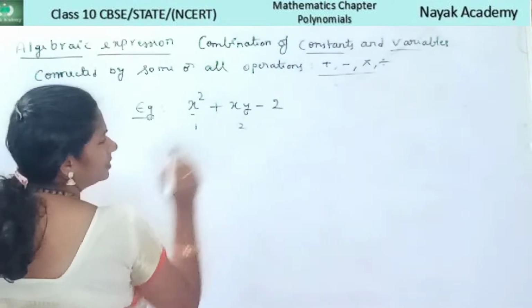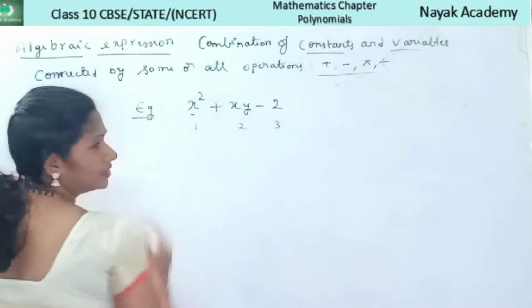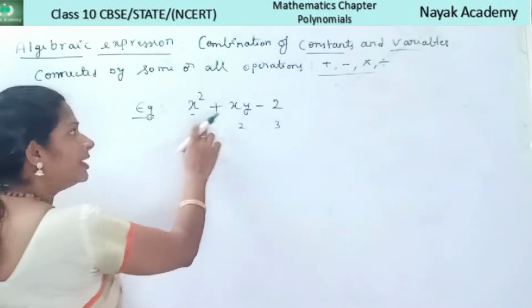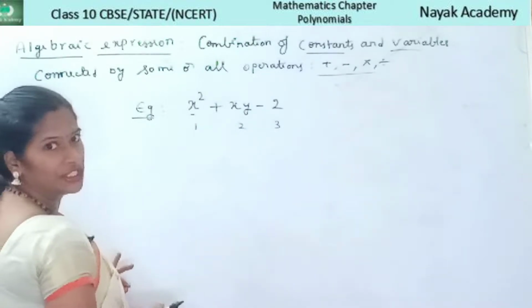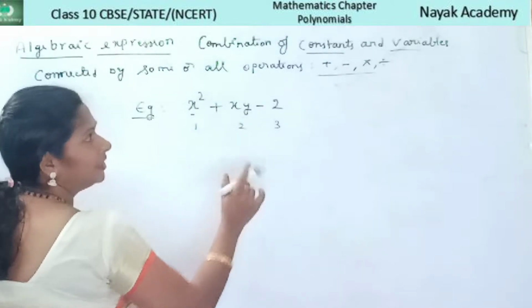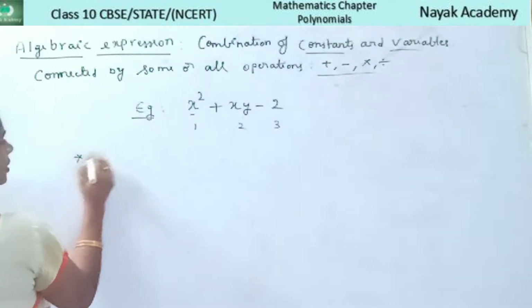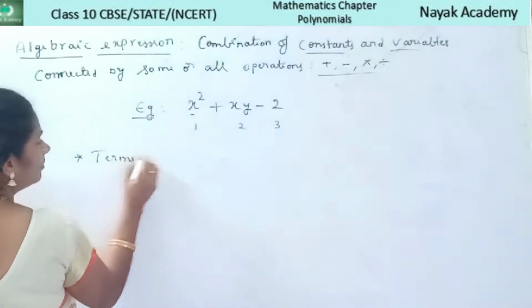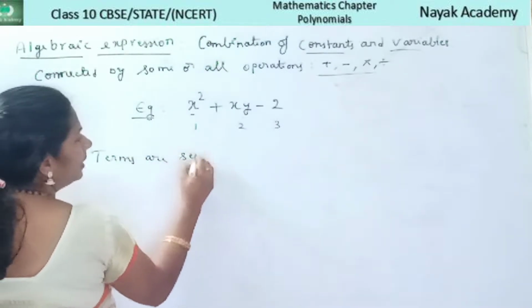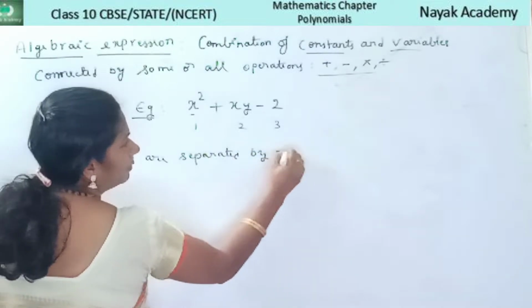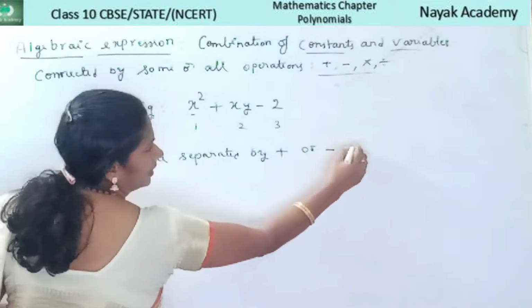First term, this is the second term, and minus 2 is the third term. So terms are separated by plus and minus signs only, children, and terms are not separated by multiplication and division. So let me write here: terms are separated by plus or minus sign.